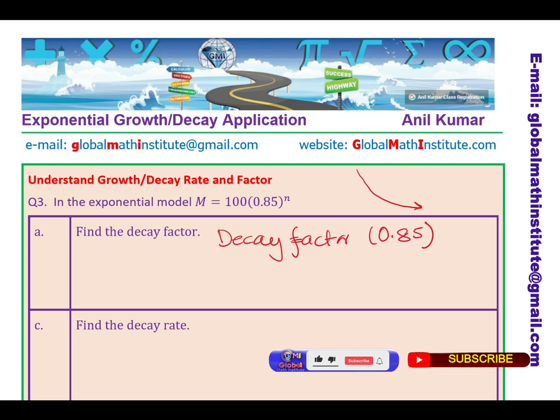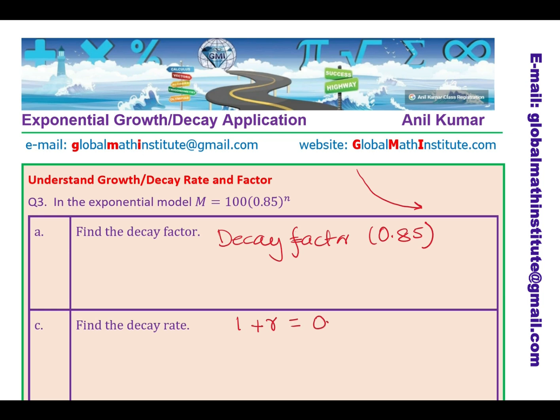Now, what is the decay rate? To get the decay rate, we should split 0.85 as 1 minus what, correct? So then you get decay rate. So what I'm trying to say is 1 plus r should be equal to 0.85. This is how we can find r. So r is equal to 0.85 minus 1, which is negative 0.15. Negative indicates decay, right?